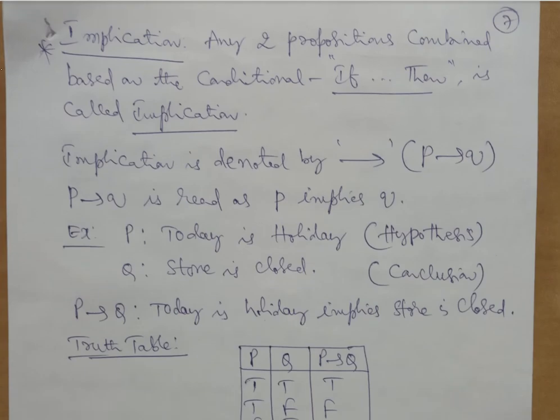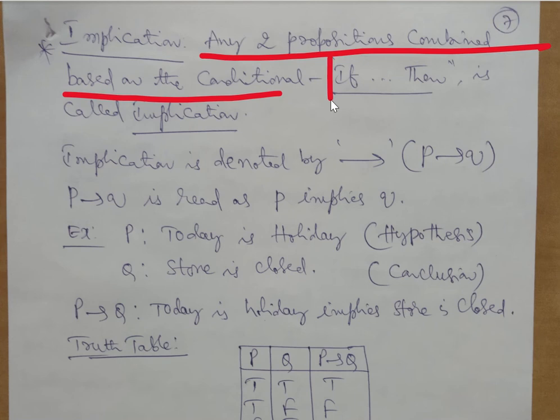Now implication, probably this you might not have seen in your digital electronics. Let us see how it is. Any two propositions combined based on the conditional if-then. If something is true, then this is the decision being taken. If that is the case, we call it, as the name says, implies. If something is true, that implies the decision to be taken.